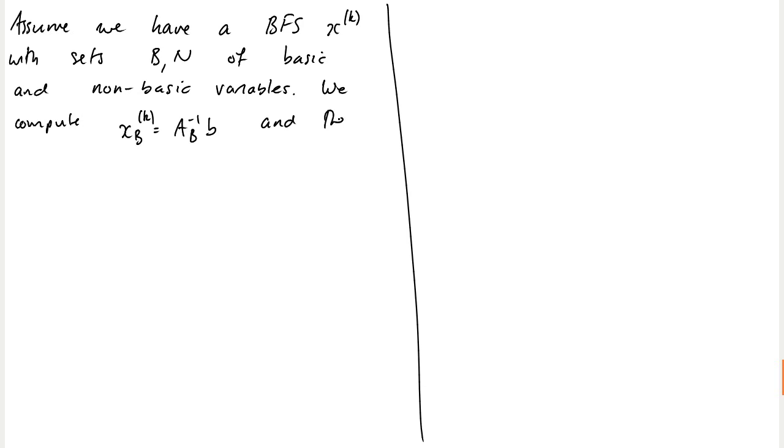And the cost is c transpose x_k, which equals c_N transpose x_N^k plus c_B transpose x_B. And we know that the non-basic variables are 0, so the cost at this step is equal to c_B transpose x_B. I'll call that equation 4.